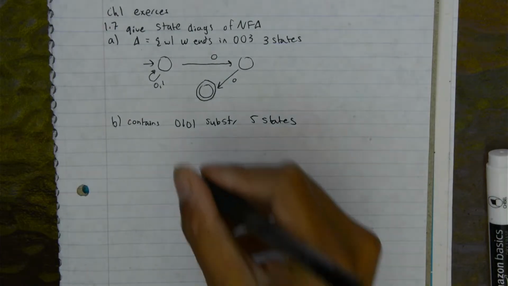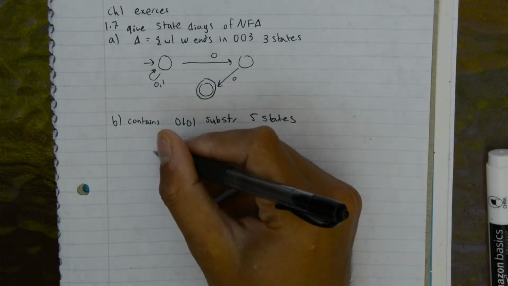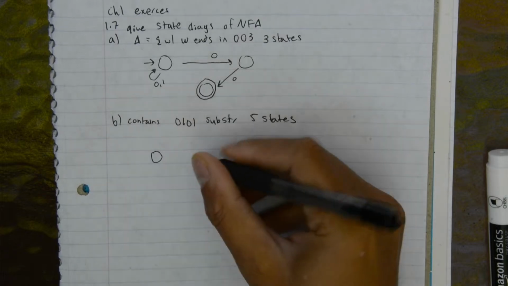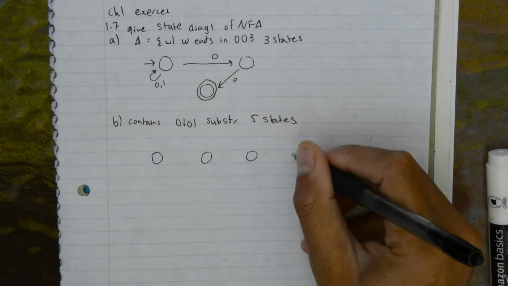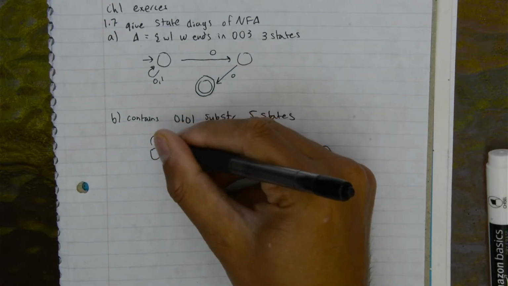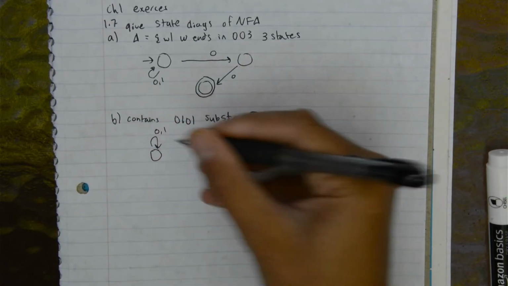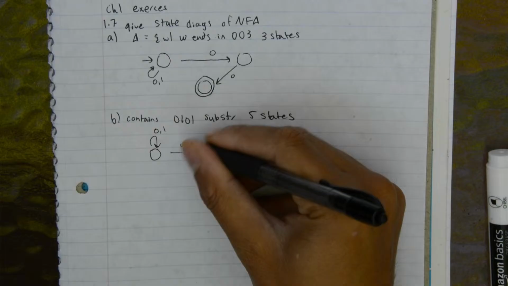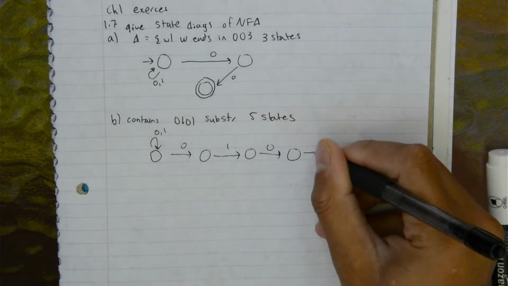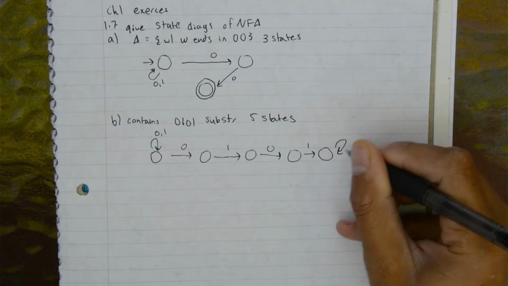So for this one, I think it might be the same, except 1, 2, 3, 4, 5. I think it's just going to be 0, 1, 0, 1, 0, 1.